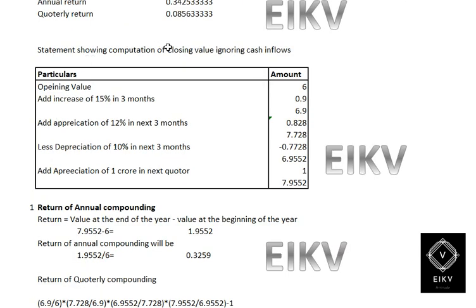Now the statement showing computation of closing value by ignoring cash inflow. It would be opening value 6 crore, and add increase of 15 percentage, which would be 0.9. Therefore, the total value would be 6.9.